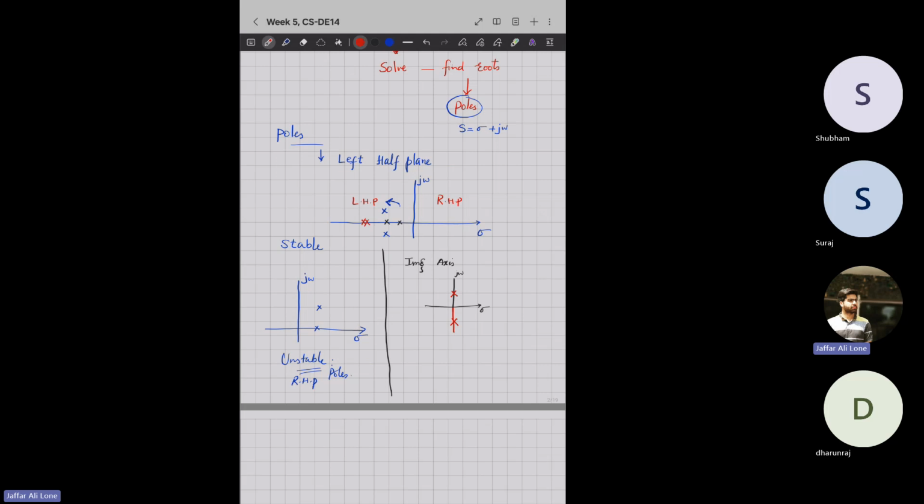There are two poles on the imaginary axis, or there is one pole. So if poles are on the imaginary axis, but they are simple, meaning I have only one pole, or they are not repeated, so they are simple.